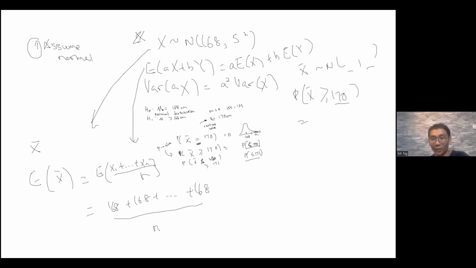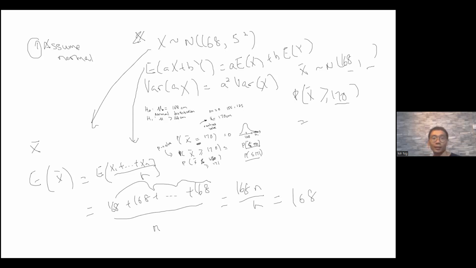So how many 168 are there here? If you are good with your multiplication and you studied really hard for your probability, you'll know that there are n number of 168. So the expectation of this is 168.